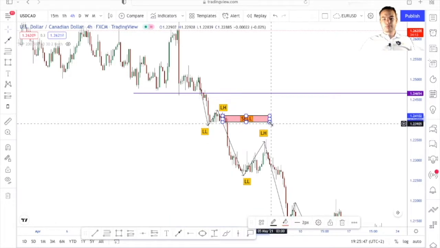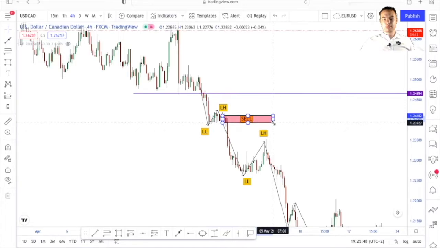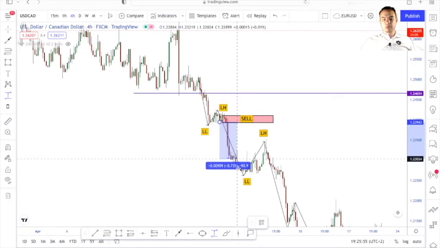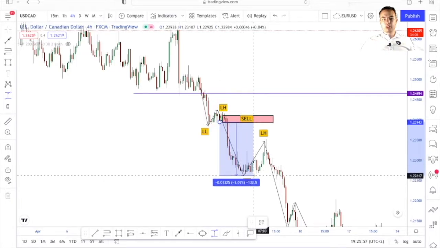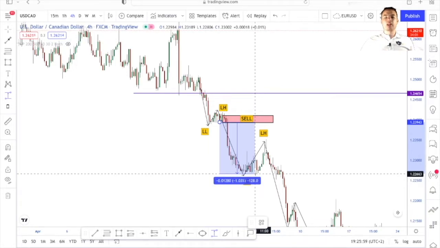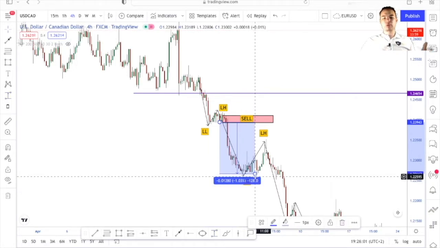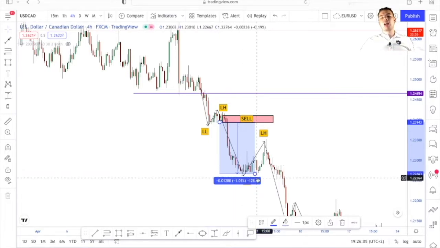Okay, you sell. And now price moved. Let's say you sold there. Boom, boom, boom. Price moved $128. Okay, that's 128 pips. Let's say you use a 0.10 lot size and moved $128 in your favor, profit.